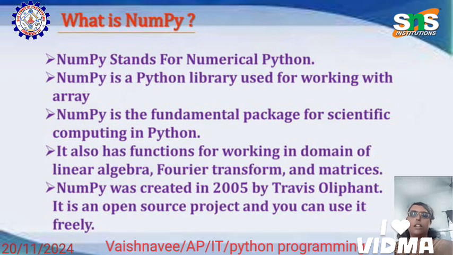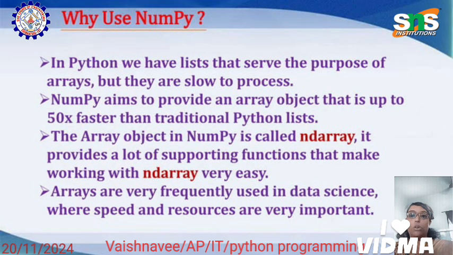Okay, now let us see why we use NumPy. In Python we have lists that serve the purpose of arrays, but they are slow. So we prefer NumPy here. NumPy aims to provide an array object that is up to 50 times faster than a traditional Python list. For faster output and better time efficiency, we prefer NumPy.